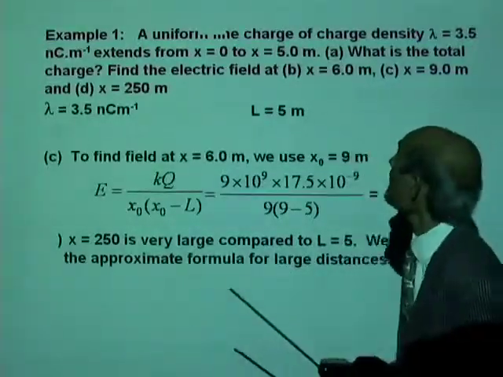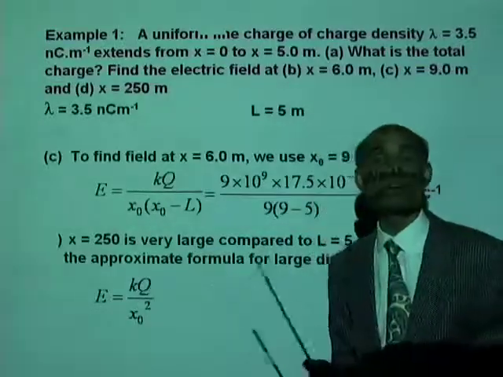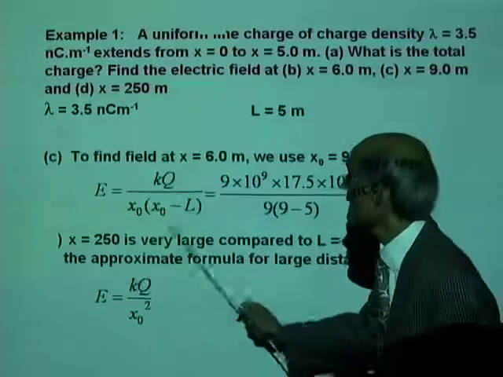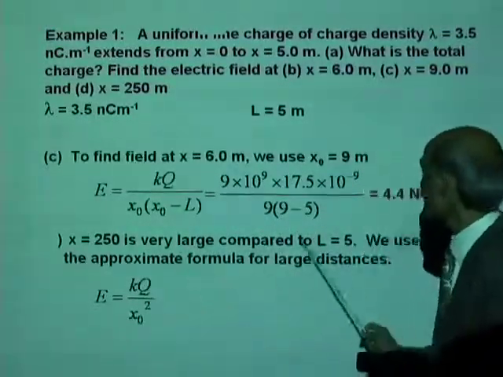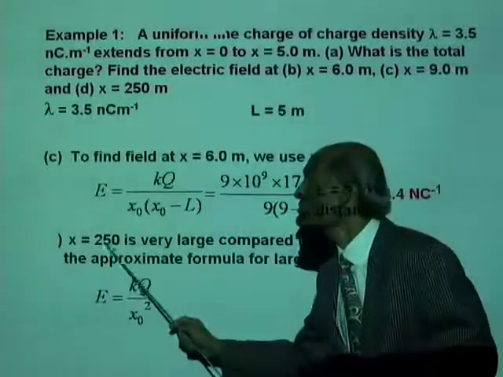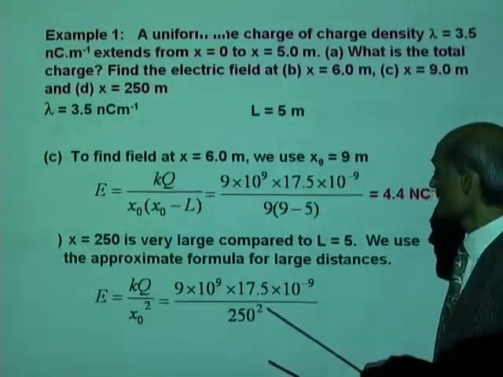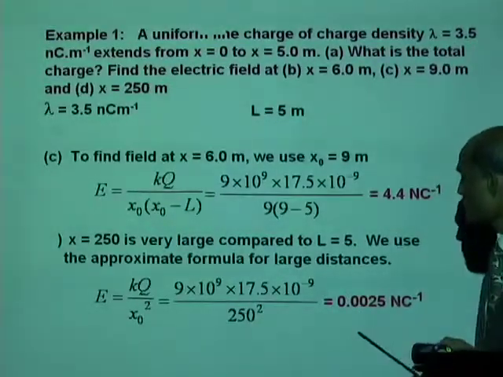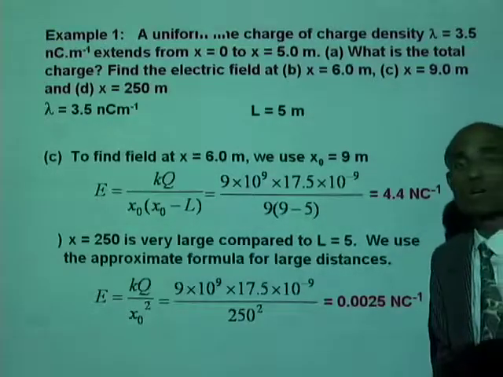So we use the approximate formula E equal to kq over x0 squared. We know k, we know Q, we know x0, which is 250. Using those values, we get the electric field as 0.0025 Newton per Coulomb.